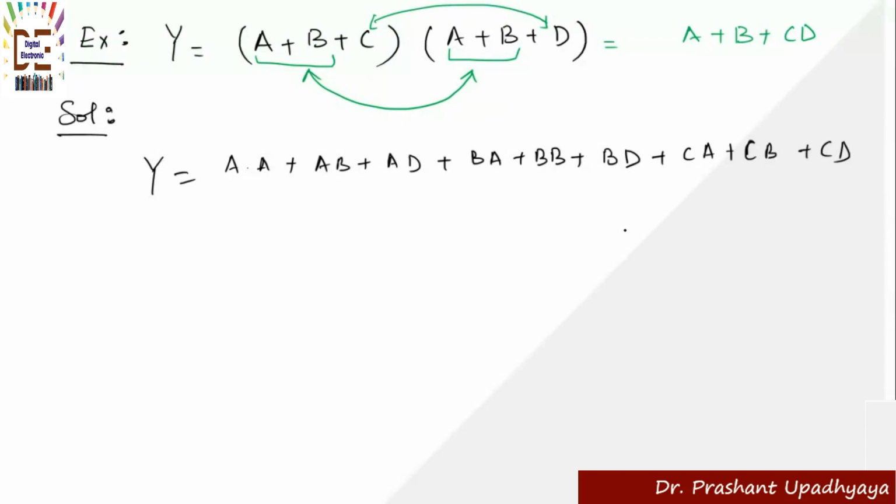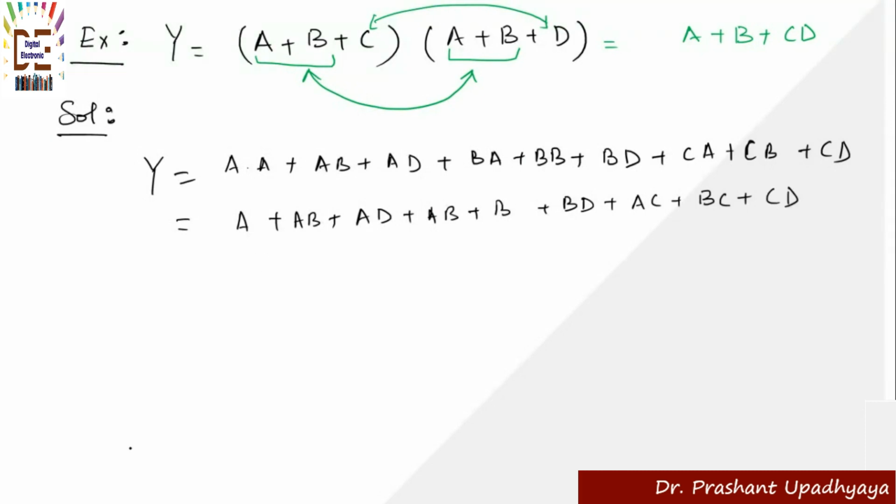You can see this expression. Then we can write it as a plus ab plus ad plus ab plus bb plus bd. Sorry, bb can be written as b only. Then bd plus ac plus bc, where I write cb as bc, plus cd.